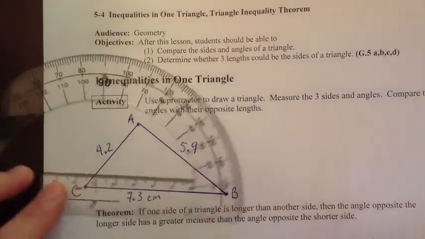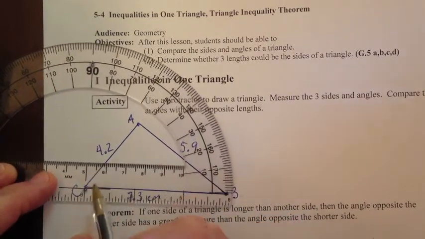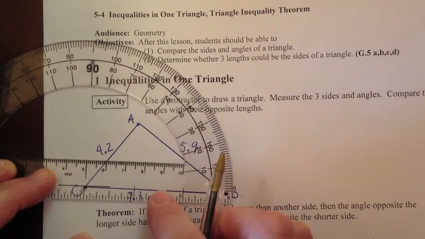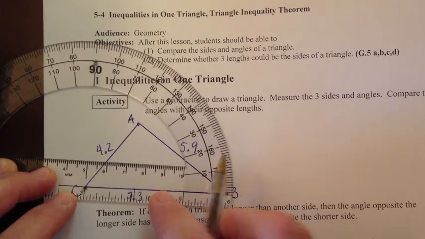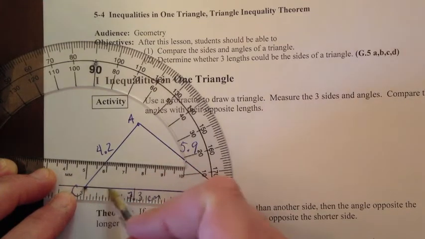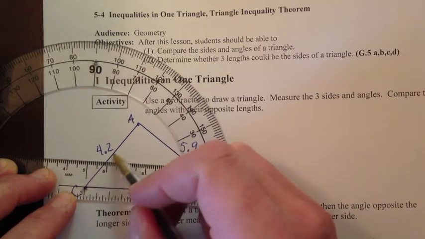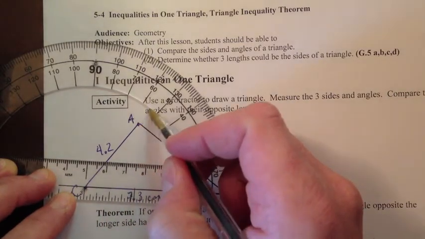I will start with angle C here. So I'm going to put the circle, or the little cross of the protractor on point C. And I'm going to line up this bottom segment with this horizontal strip right here, where that goes to 0. Now let's see, CA kind of goes up here.